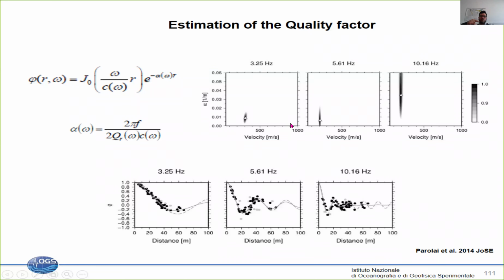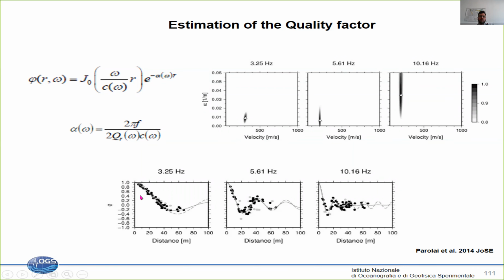You remember our curve with the minimum last time. So this is the RMS of the difference between the tested Bessel function and the data, as a function of velocity and attenuation coefficient in 2D. So we see this difference between all the models that we test.